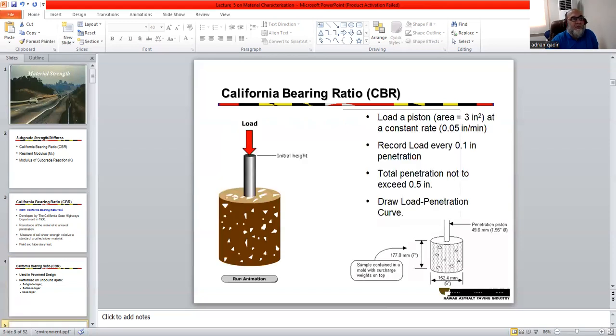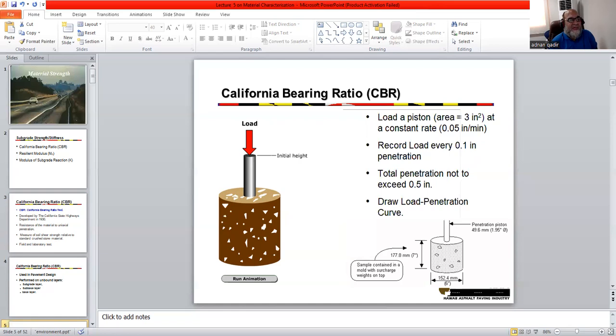So, what is the California bearing ratio test? How does it look like? In the CBR method, for determining the CBR of a given sample, whether it be a base sample, a sub-base sample, a subgrade sample or soil sample, we prepare a sample normally 6 inches in diameter and 5 inches in height.